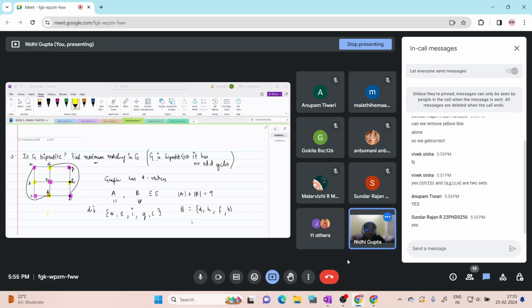So Anupam, Sundar, any one of you can answer this. You are saying that it has a matching of size 4. So what is the matching in this graph of size 4? That means you have to give me 4 disjoint edges.